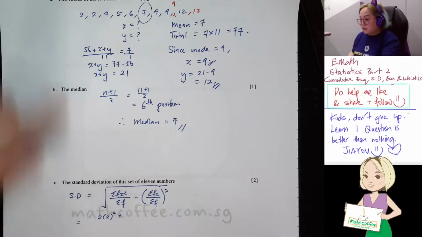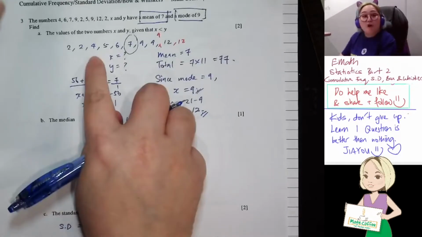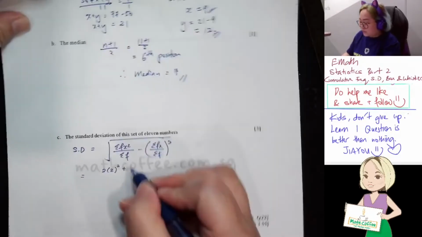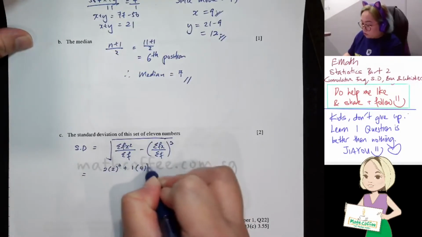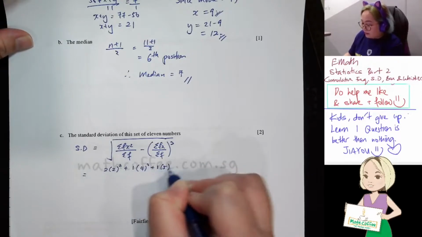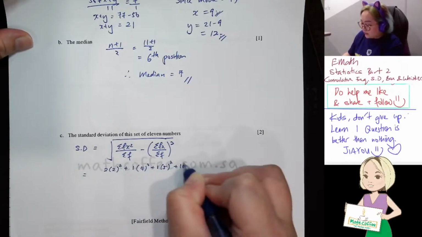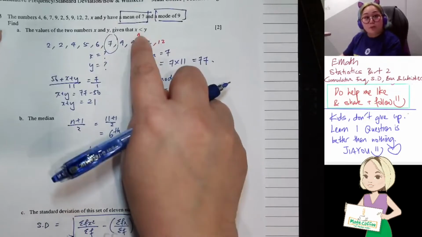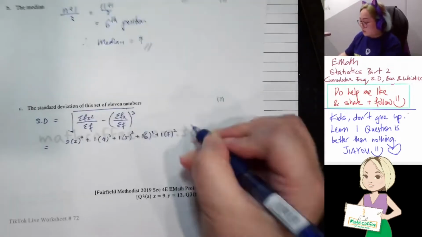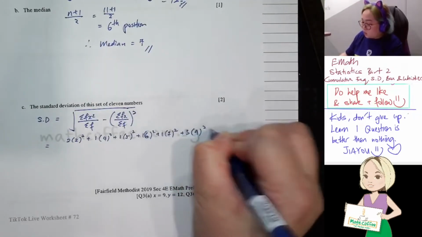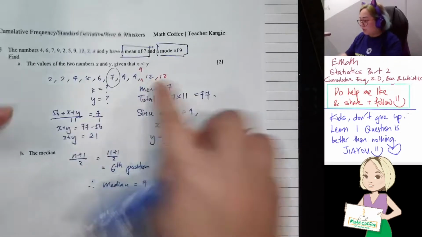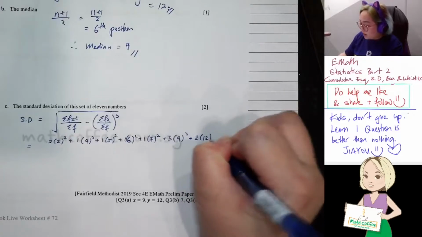Plus, the my 4 only one data, 5 one data, 6 one data. So you will do it as 1 of 4 squared plus 1 of 5 squared plus 1 of 6 squared plus 1 of 7 squared. My 9, I have 3 of them. So my f is 3. So 3 of 9 squared, plus I have 2 of 12, so it will be 2 of 12 squared.